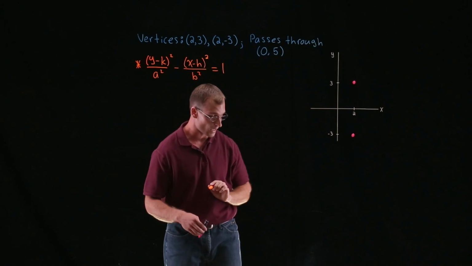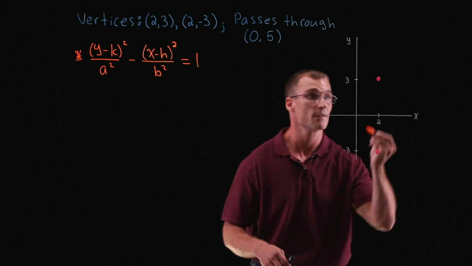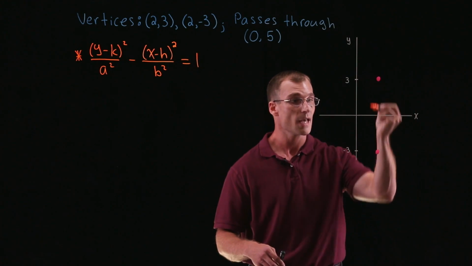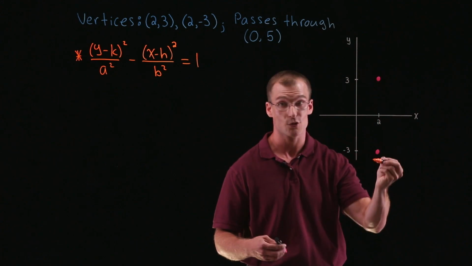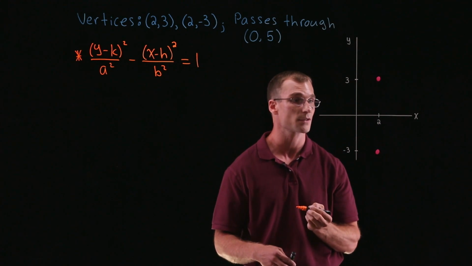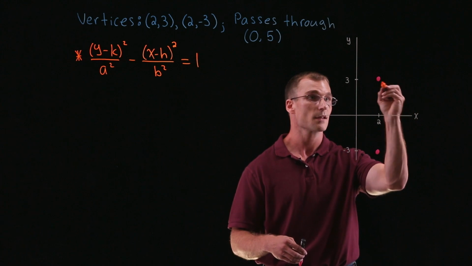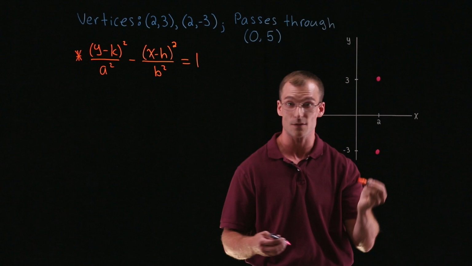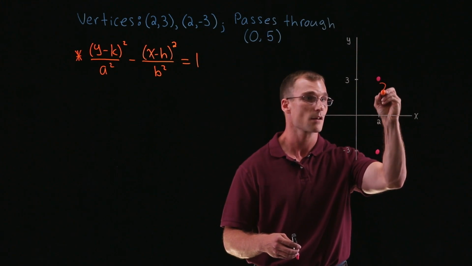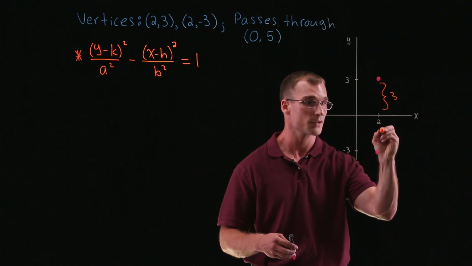So if we look at what we have graphed, we have our vertices at these two points, and we know that the center is the midpoint of the vertical line, or the transverse axis, between the vertices. So if we go equidistant, going from 3 to -3 is a total distance of 6. Half of that is a positive 3.